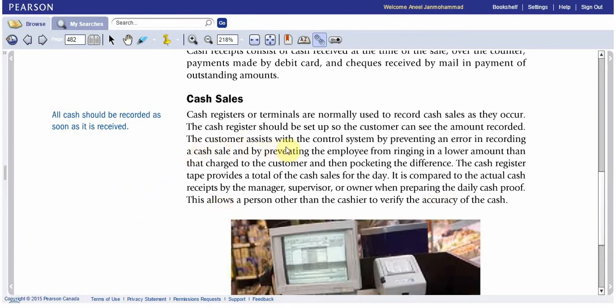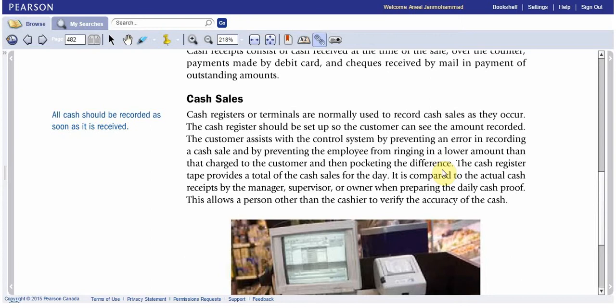The customer assists with the control system by preventing an error in recording a cash sale and by preventing the employee from ringing in a lower amount than that charged the customer and then pocketing the difference. So you'll see sometimes people try to commit fraud by, if they're selling something to a customer for say $50, and if the customer cannot see what's being rung in on the cash register, the employee may only ring in $30.